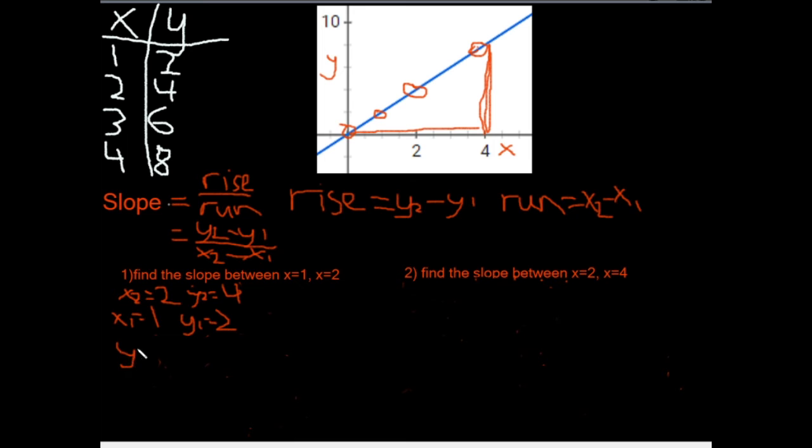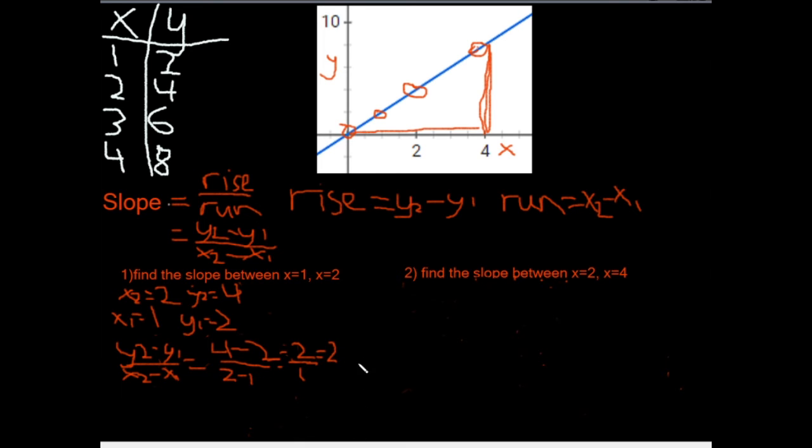So y2 minus y1 over x2 minus x1 equals 4 minus 2 over 2 minus 1, which is 2 over 1, which equals 2.